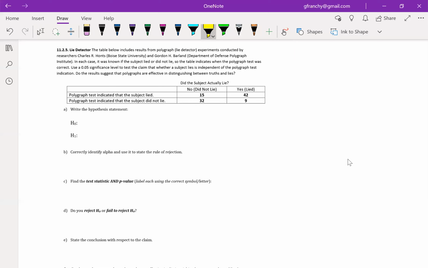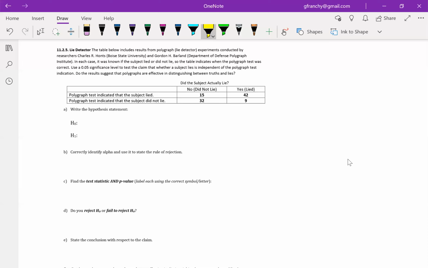And in terms of eyeballing it here, we are seeing about a 1 to 3 in that top row and about a 3.5 to 1 in the bottom row. So in terms of eyeball tests, they are looking different. Let's see how that plays out.